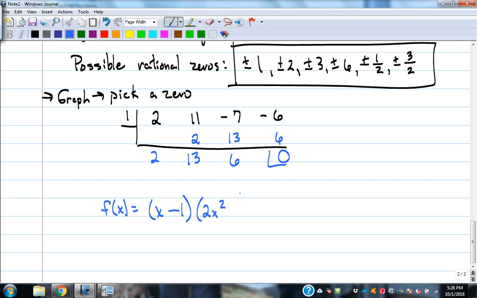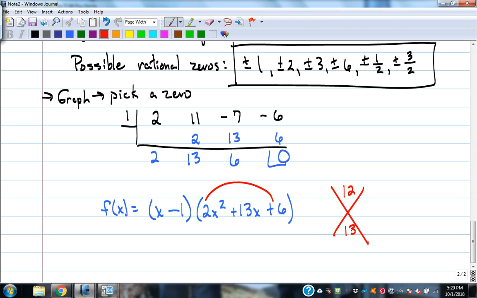2x squared plus 13x plus 6. It's a quadratic. If I want to factor this polynomial, that means I need to try to factor that quadratic. We did this back in chapter 4. We factored some quadratics. I use that X method where you say 2 times 6 to get that number up top, 12.